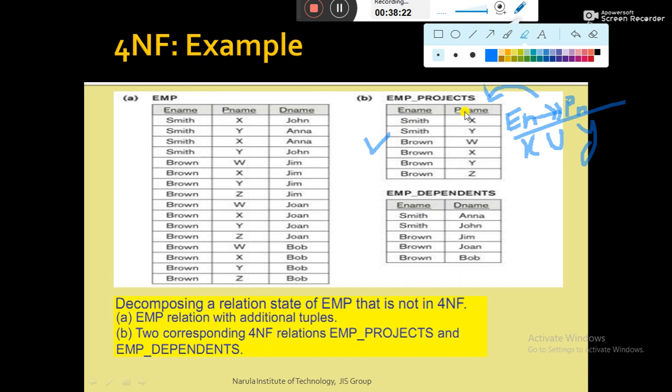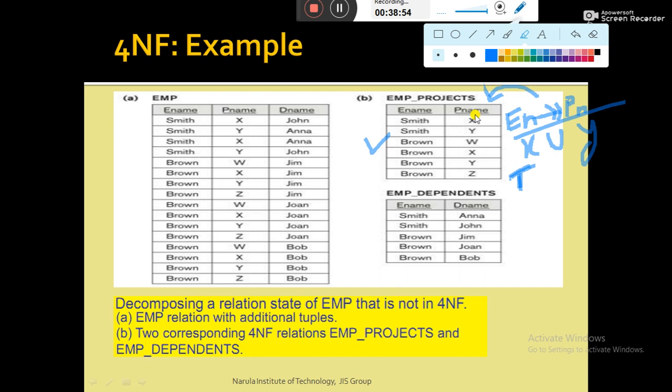So that MVD is trivial, and if a relation has a trivial multivalued dependency, then we can say that relation is in 4NF.